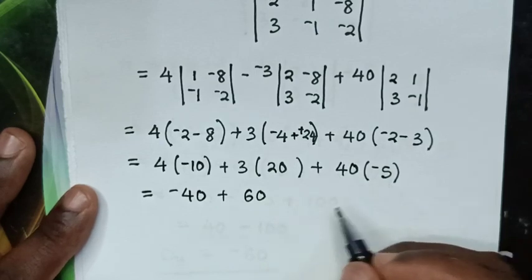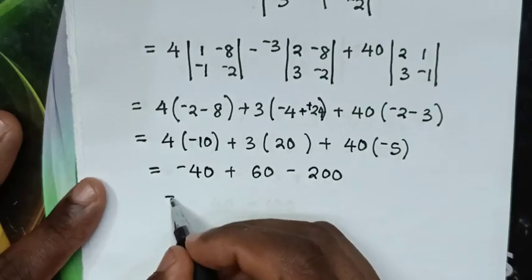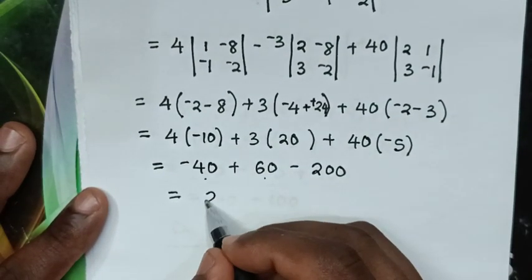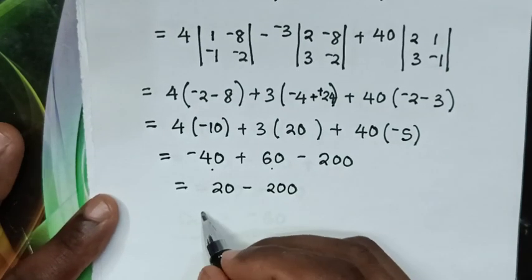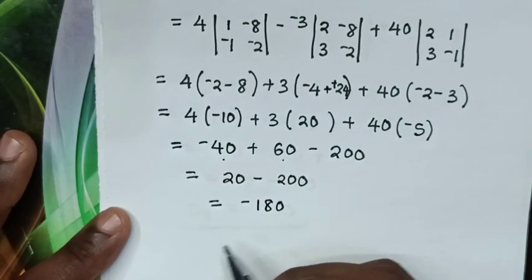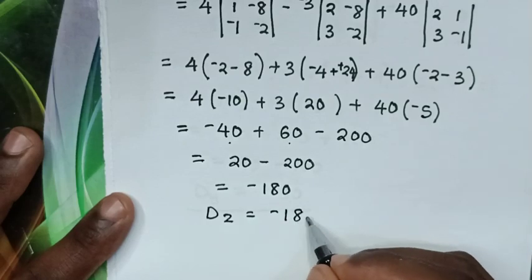Then 40 times negative 5 is negative 200. So it will be equal to negative 40 plus 60 is positive 20, then minus 200. Then it will be equal to 20 minus 200 is negative 180. So this is the value of determinant of z is equal to negative 180.